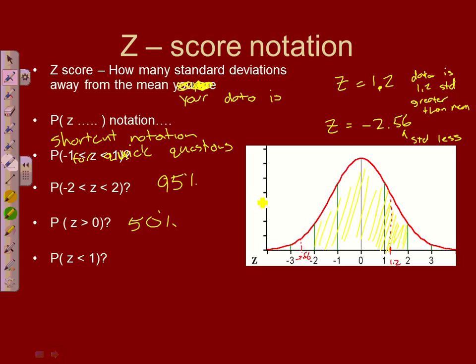Remember, this is 50, and then this is 34. So 50 plus 34, 84. Greater than negative 2, we had 50, and then we had 95 divided by 2. That's 47.5. So 50 plus 47.5 is 97.5.